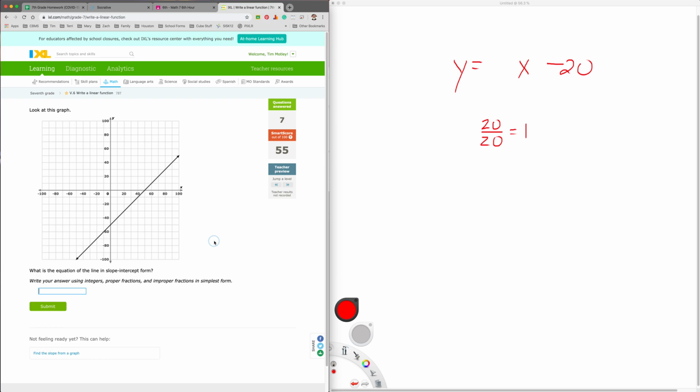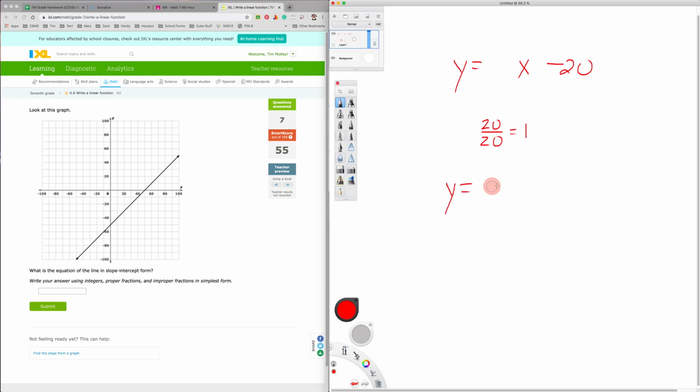And let's see. Oh, this is another very similar one. I'll do my work just below this one. y equals something x. It hits down here at negative 50, so that's what goes after the x. And then the number in front of x, if I do the slope or steepness, I go up 50 over 50. So yet again, my steepness is 1.